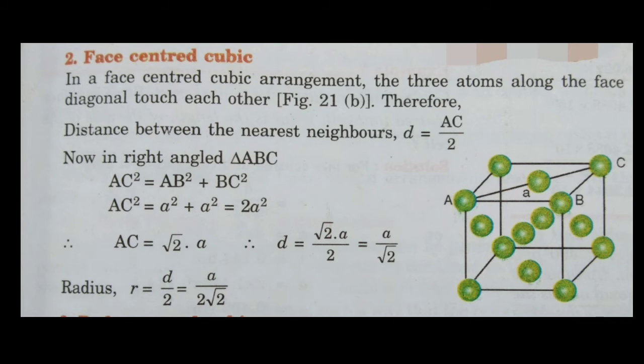So the radius of the atom present at point C and the radius of the atom present between A and C together equal 2 times the radius. Therefore, in order to find the radius of only one of them, we divide by 2. Therefore, we get r equals d by 2.